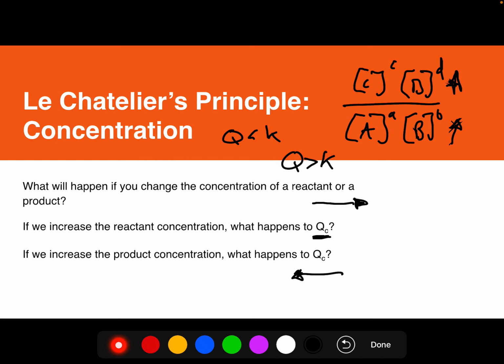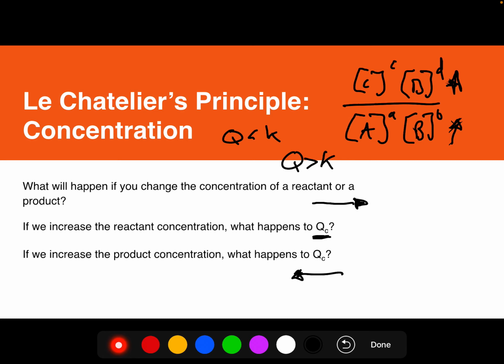Now, the easiest way to summarize all this is when you have something that disturbs equilibrium, if we increase concentration, wherever you're increasing concentration, it's going to go to the opposite side. So if I increase reactant concentration, it's going to go towards the products. If I increase product concentration, it's going to go toward reactants. If I lower a concentration, it's the opposite.